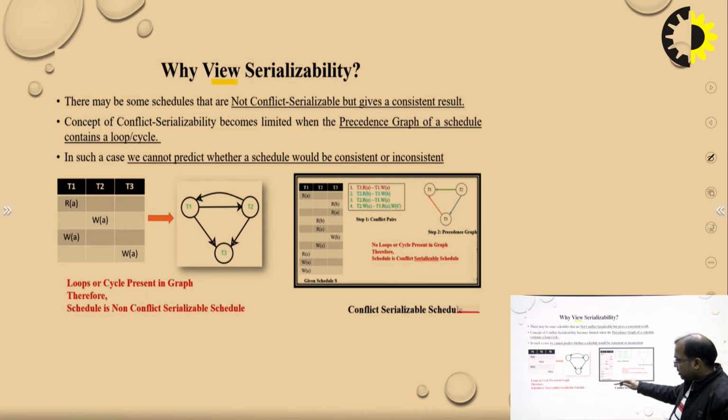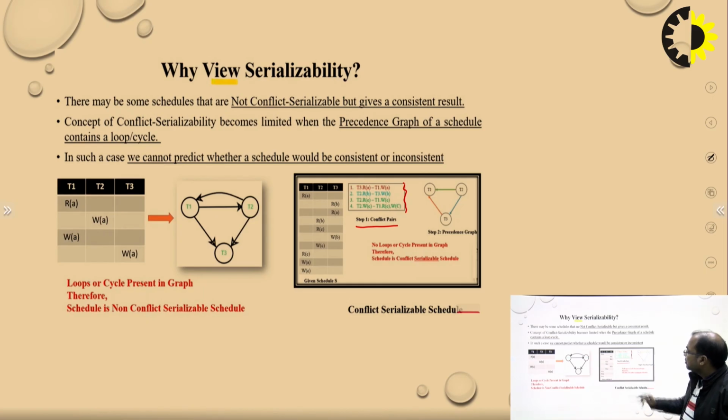So we can move on and find the conflicting pairs over there. With the help of these conflicting pairs, we draw the precedence graph. How do we draw the precedence graph? We have T3 to T1.